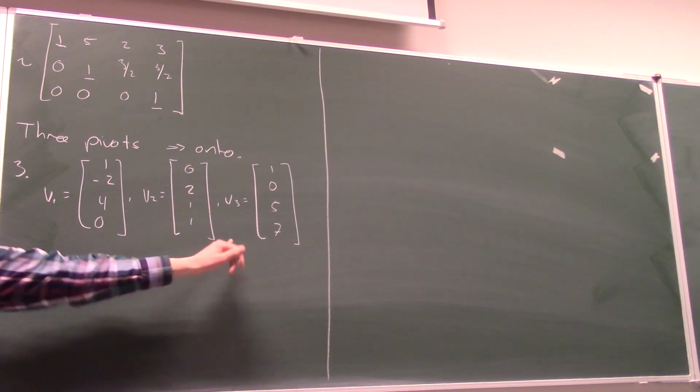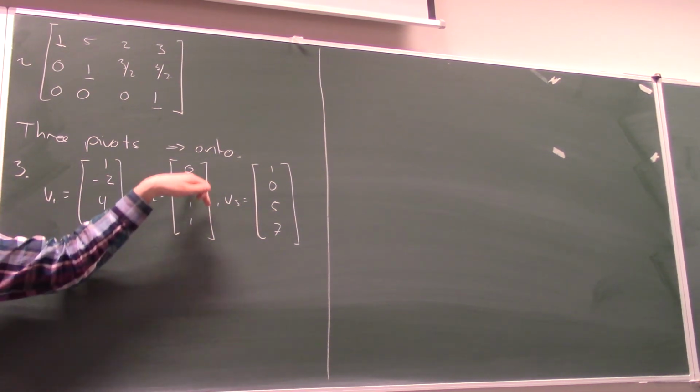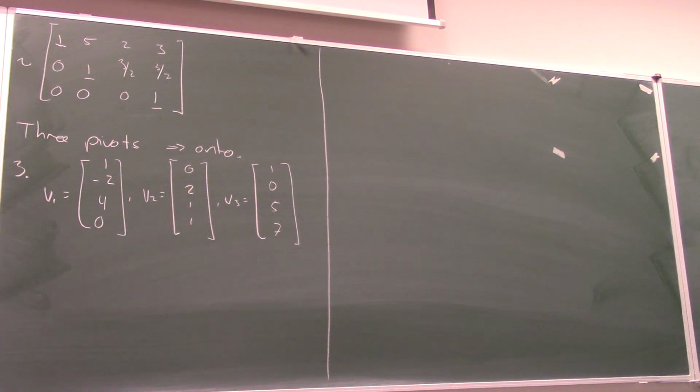So I think in the case of 3 of them, it's already kind of hard to just try if you can make some kind of linear combination that ends up on all zeros. Right, so maybe if you have 2 of them that are length 2, then you can just see if they are or not, but in most cases it's better to have some kind of procedure that will always work.